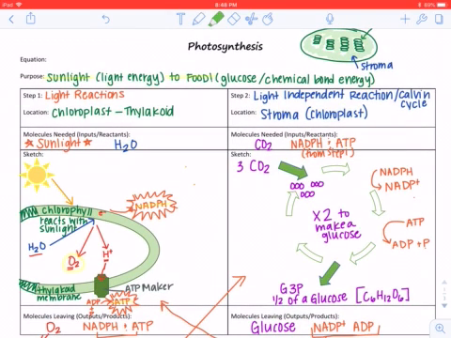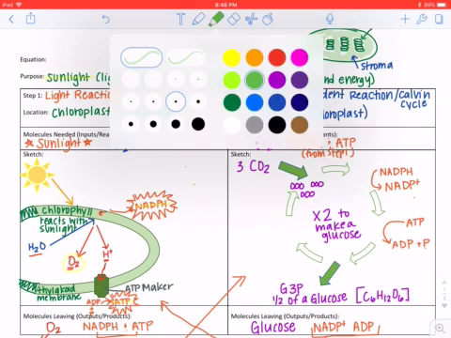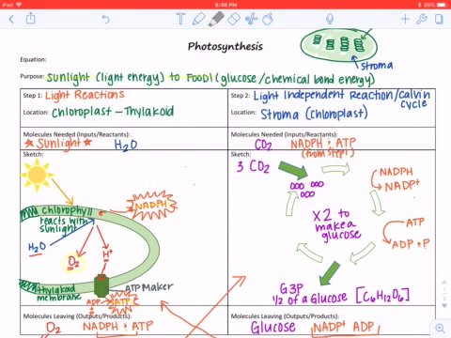So if we come up here, we will remember that in step 1, we had sunlight and water as my reactants that I needed. And that for step 2, I needed carbon dioxide. Yes, I needed NADPH and ATP, but since those came from step 1, those aren't an overall reactant. Those are something that's being generated and reused within the process.